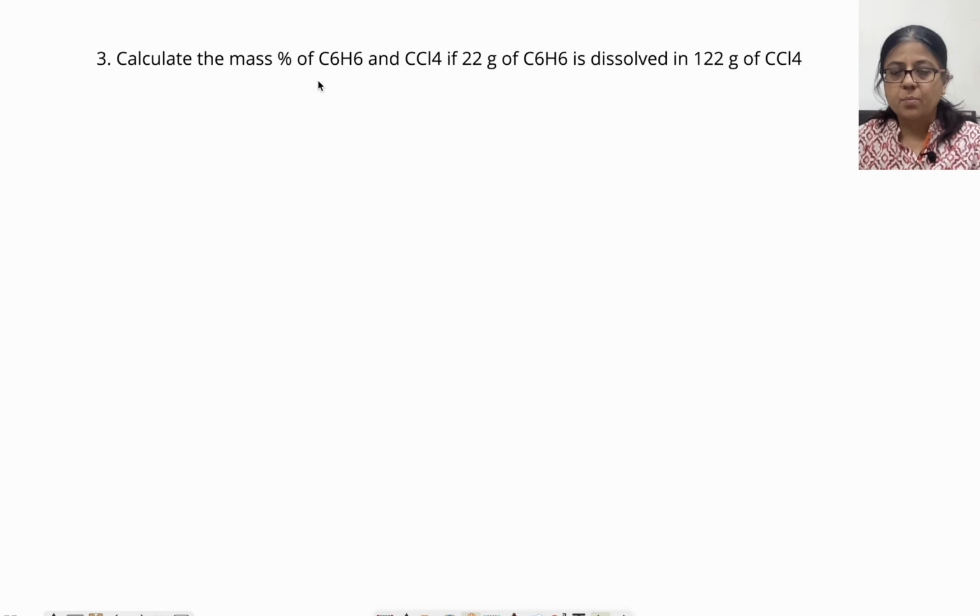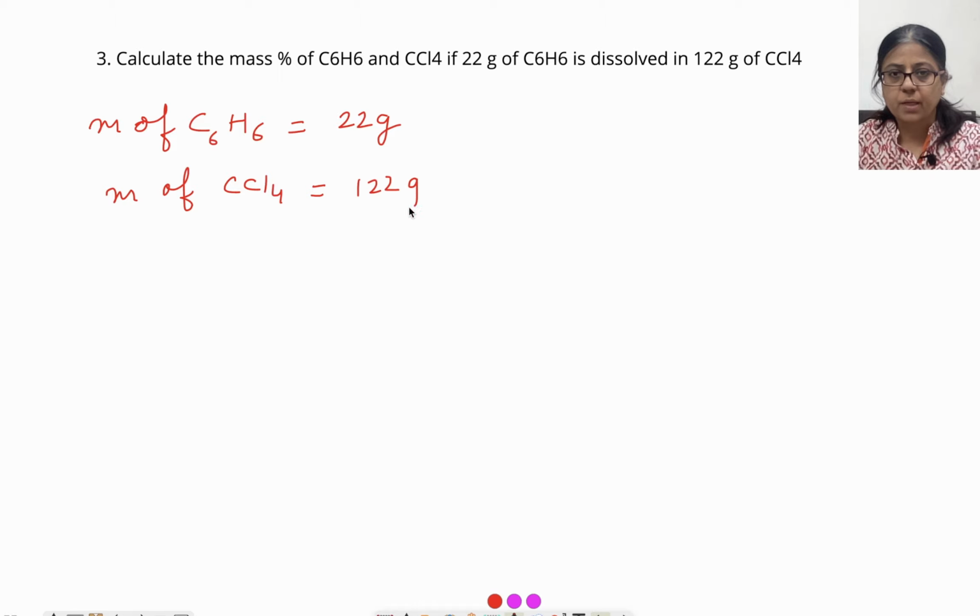How to calculate the mass percentage of benzene and CCl4? Now, because you have been given the mass of benzene, it is equal to 22 gram, and the mass of CCl4 is equal to 122 gram.